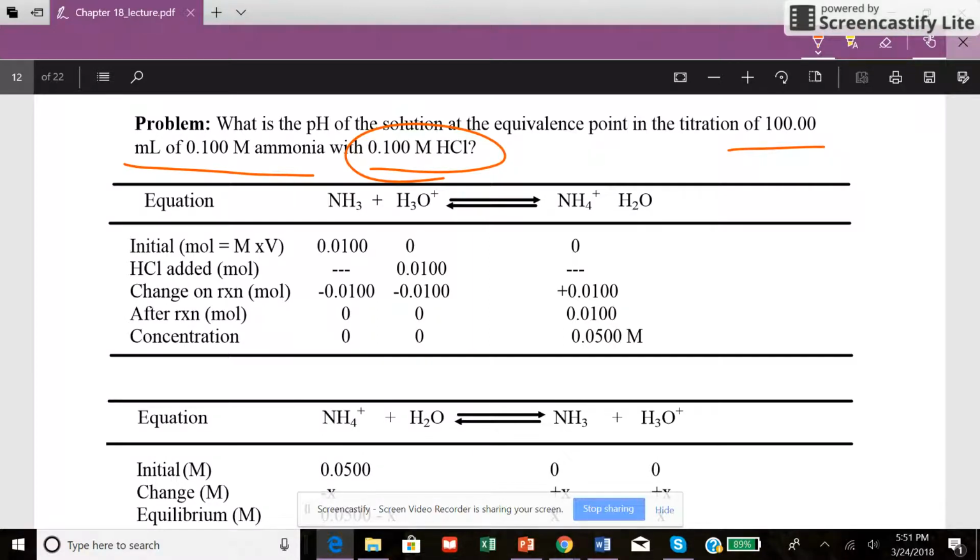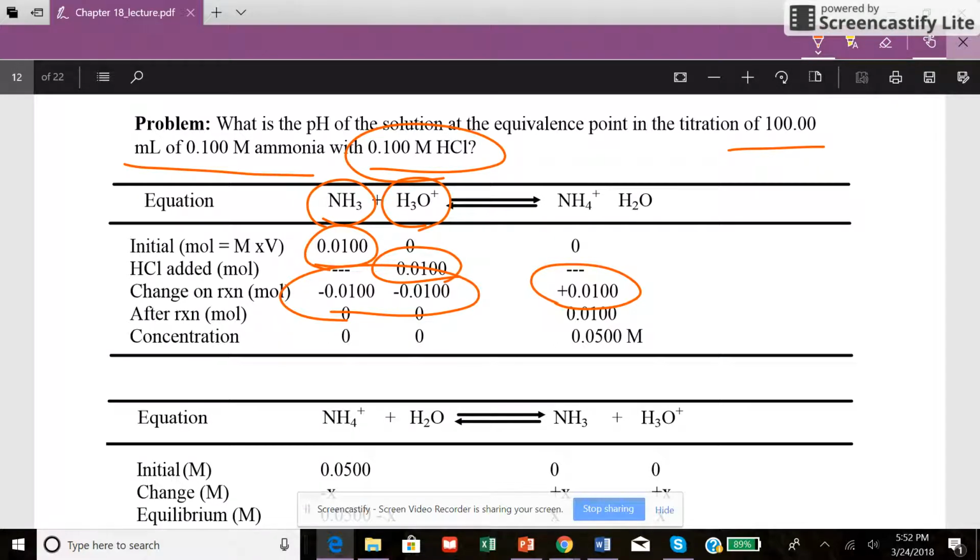Okay, at the equivalence point, the mole of the base and the mole of the acid have to be the same, right? So if you started with 0.01 mole of the base, you're going to have to use the same number of mole of the acid. At the equivalence point, you will have none of the reactant left. All of it will be converted to ammonium.